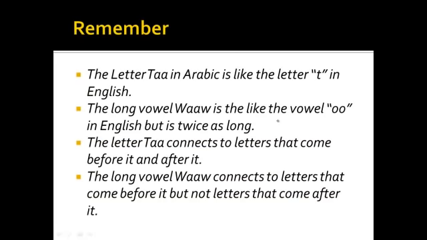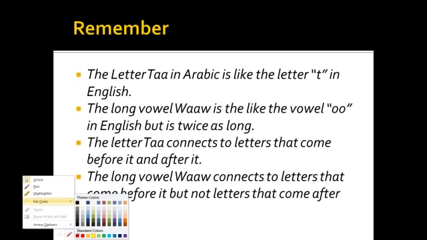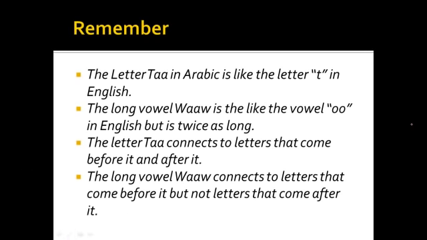Okay, let's review what we have covered so far. And I'm going to switch back here to red. So the letter ta in Arabic is like the letter T in English. That's not hard to remember. The long vowel, and remember here, it's a long vowel.